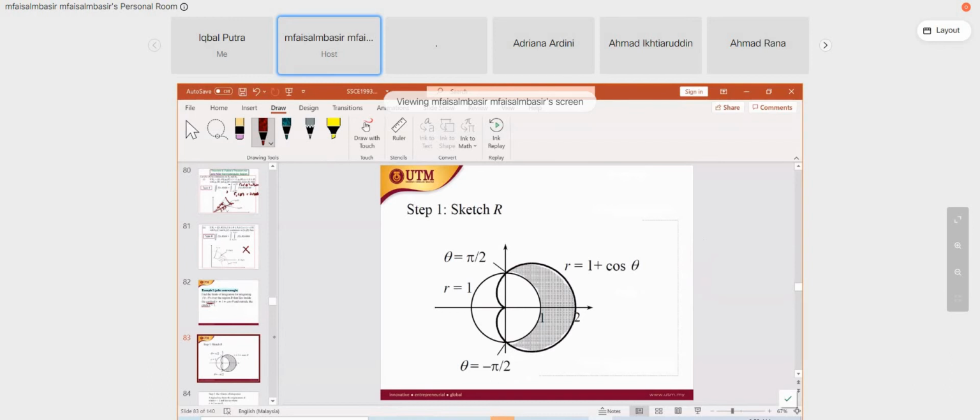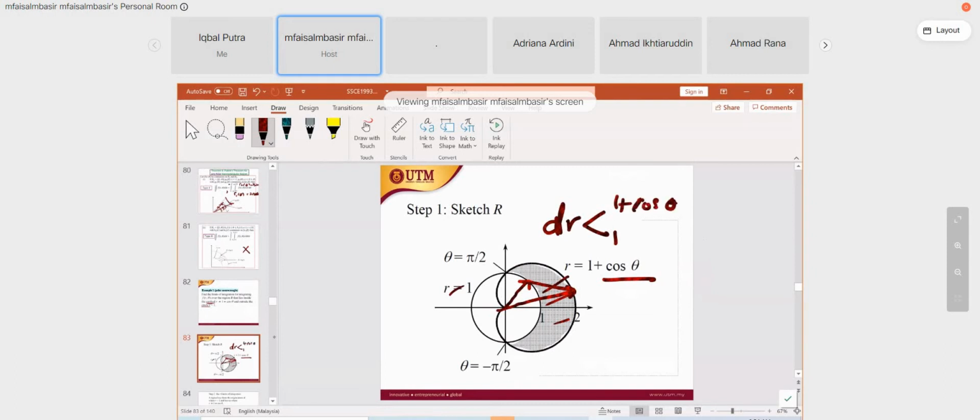So this is the region. My R should start here at 1, another one is here. So my R here is 1, and my R here is 1 plus cos theta. So automatically your limits are 1 to 1 plus cos theta.